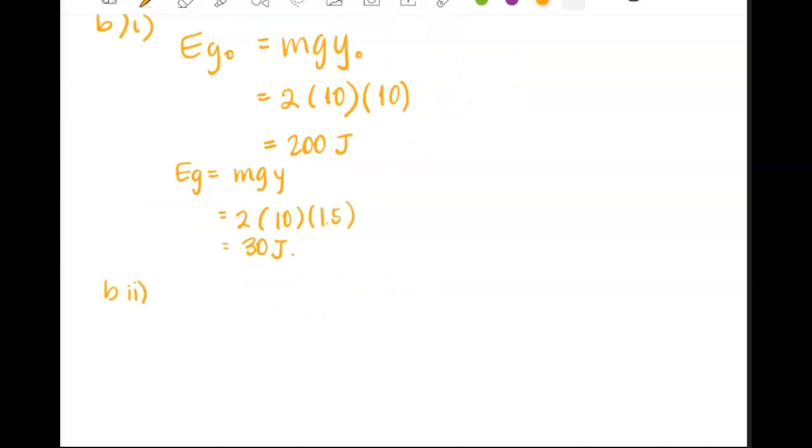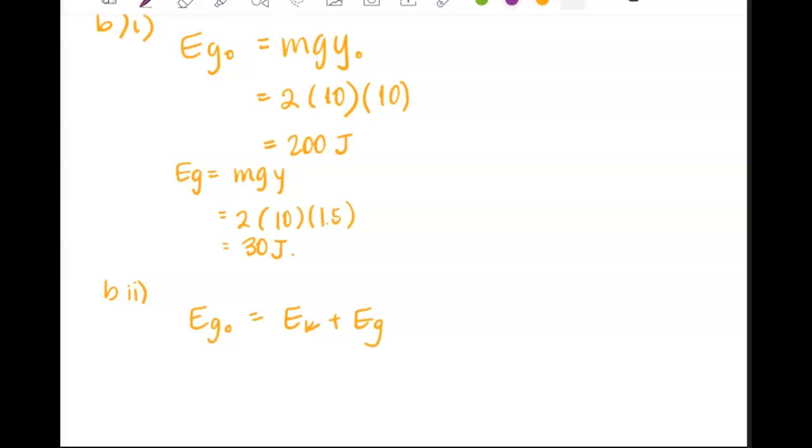So now in B-II, we want to determine its kinetic energy just before your friend catches it in her outstretched hands, which are 1.5 meters above the ground. So we created an energy transfer equation that EG initial will go to EK plus EG.